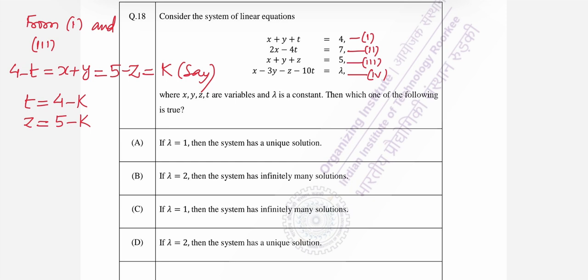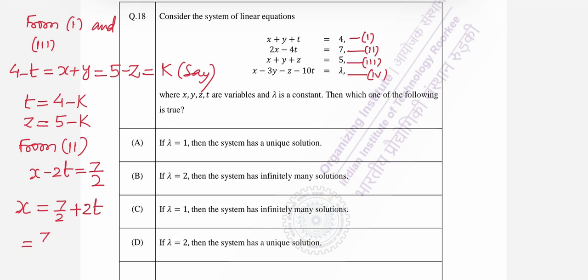If you see 2, then from 2 we can write x minus 2t equals to 7 by 2, and from here we can find the value of x. X will be 7 by 2 plus 2t. Then 7 by 2 plus, here we replace t by 4 minus k, because t is equal to 4 minus k.